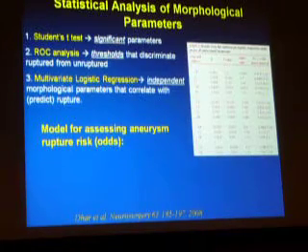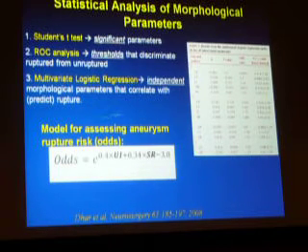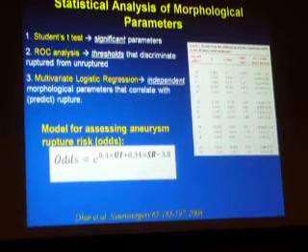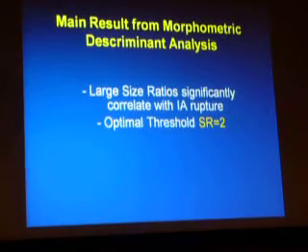In the final result, we obtained this model for assessing rupture odds. The odds depend on the undulation index and the size ratio. The higher the undulation index and the higher the size ratio, the higher the odds that the aneurysm is ruptured. The main result from this analysis was the size ratio, because it seems to be really simple and easy to measure.